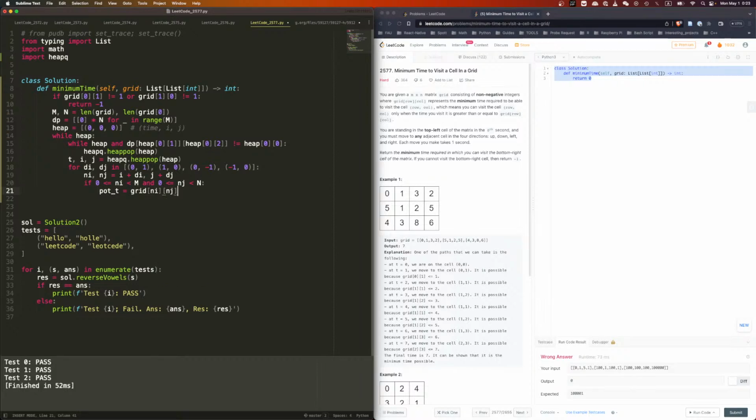If grid ni, nj is larger or equal to t, right? If this, then the value shall be grid ni, nj plus 1.